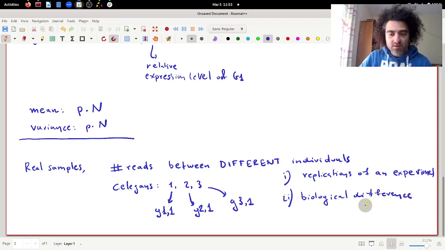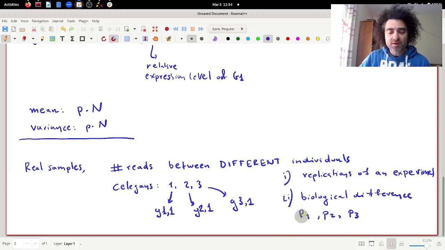Which means that we cannot say that there is a constant P for all these 3 guys here, which means that there is a P1 for the first individual, a P2 for the second individual, and a P3 for the third individual.